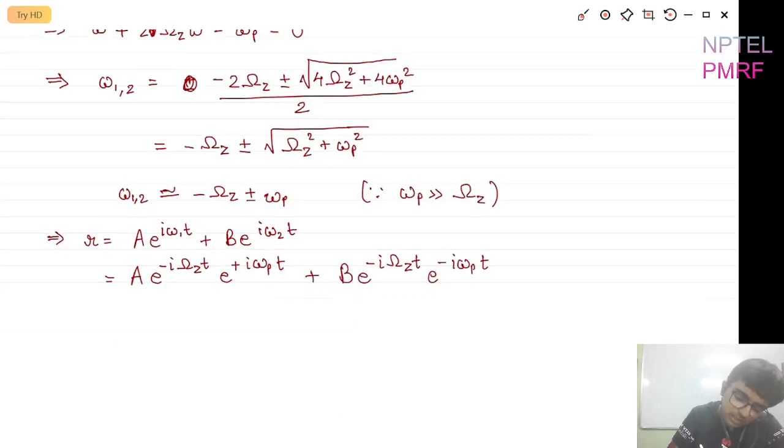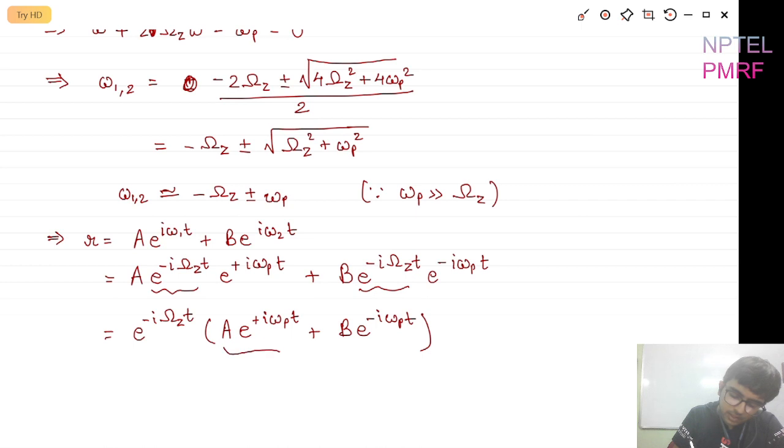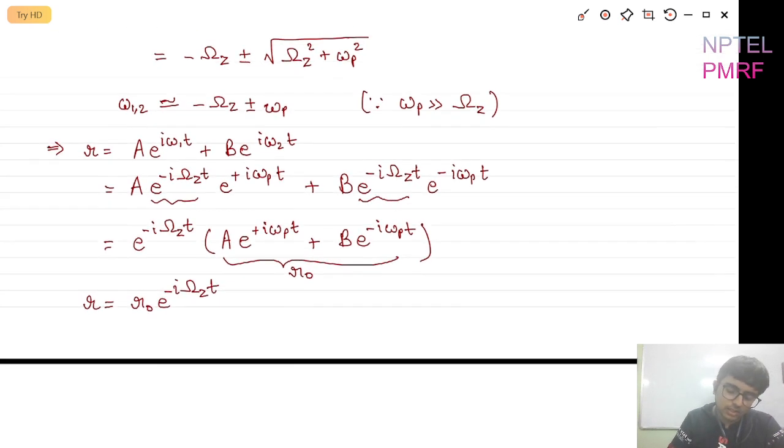Okay, so I can take this factor out: e to the power minus I omega zt, and this becomes a e to the power plus I omega pt plus b times e to the power minus I omega pt, right? So if I call this r0, then I have simply r is equal to r0 e to the power minus I omega zt, and this is what we were trying to hunt, right?